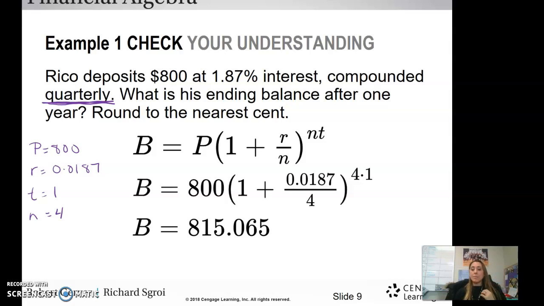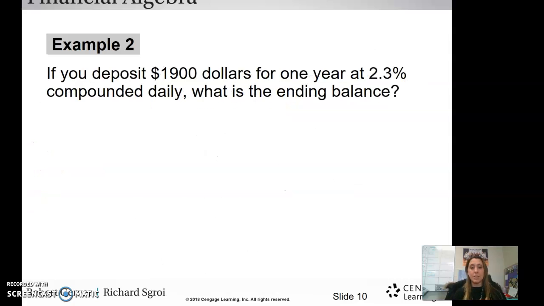Now remember, we've talked about rounding to the nearest penny. It's going to be very important that we round to the nearest penny so that we get a final answer of $815.07. This class is going to be talking about doing some math, but putting it into context, so we've got to be really careful that we put it into the correct context. When we're talking about money, we're always going to round to the nearest penny.